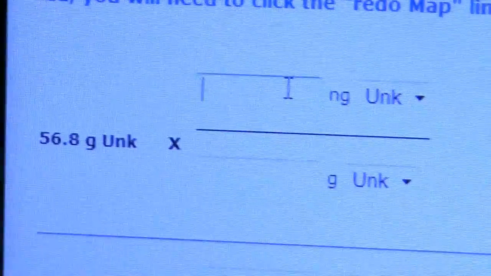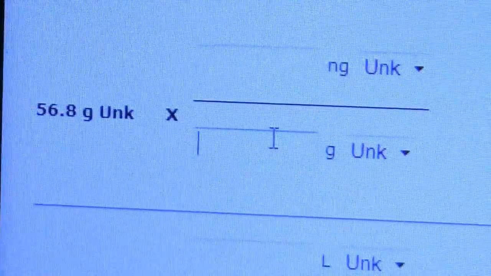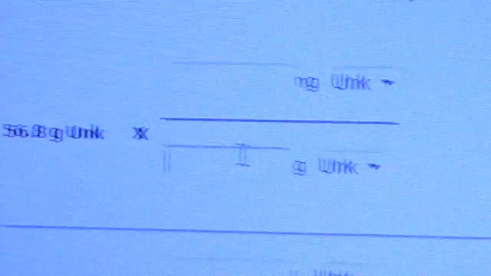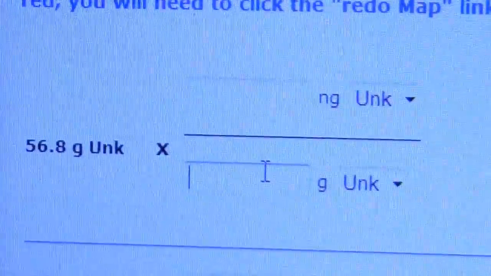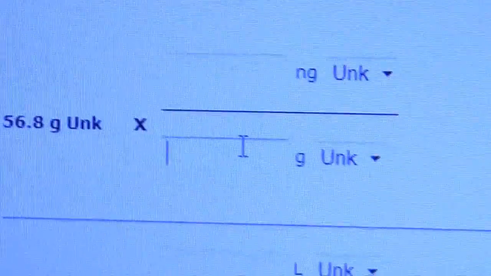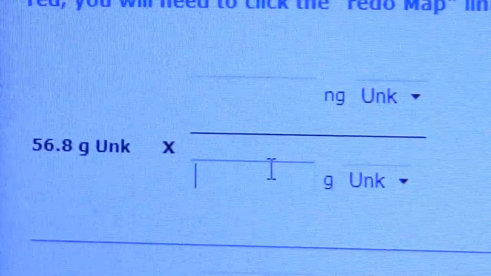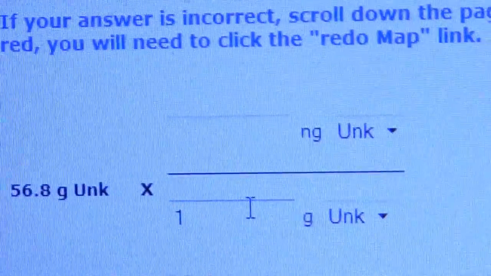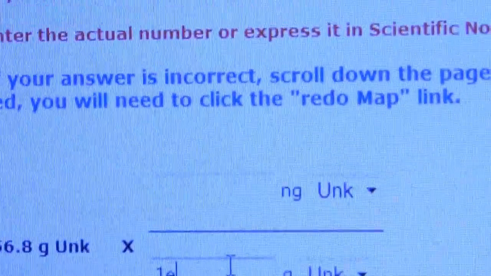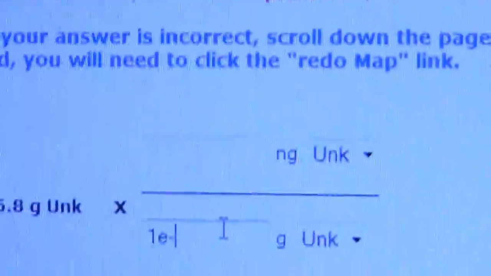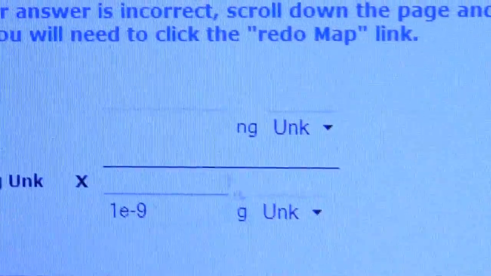I'm going to do this one a little bit differently just for demonstration purposes. We know nano is 10 to the minus 9th. So a nanogram is 1 e to the minus 9th grams.